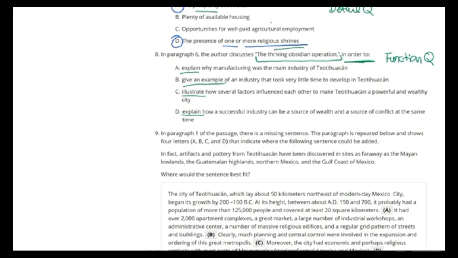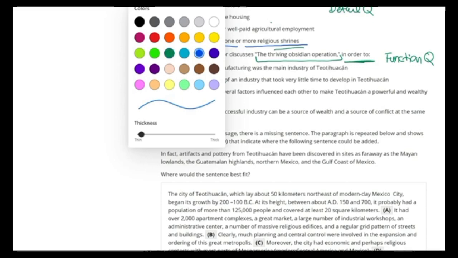C, illustrate how several factors influenced each other to make Teotihuacan a powerful and wealthy city. And D, explain how a successful industry can be a source of wealth and a source of conflict at the same time. Okay, we definitely need to go to paragraph 6 to figure this out.